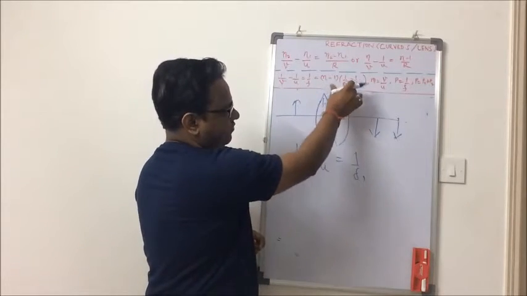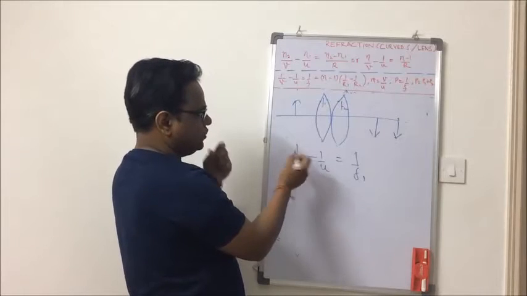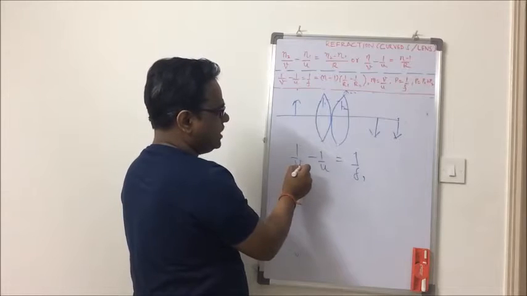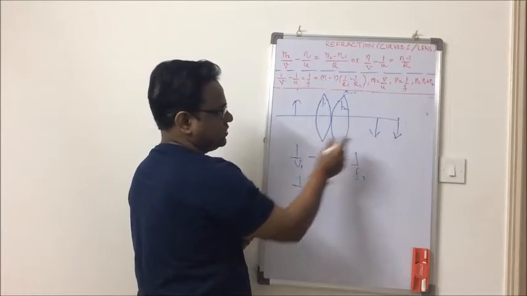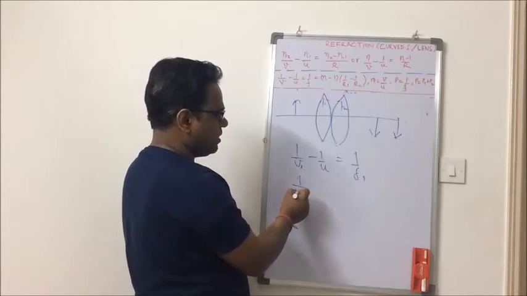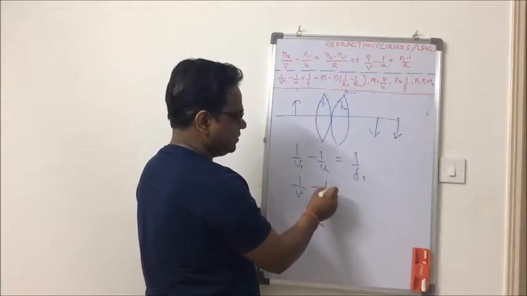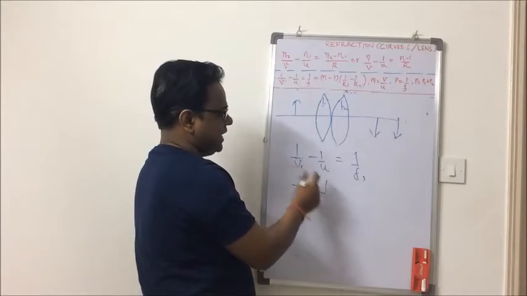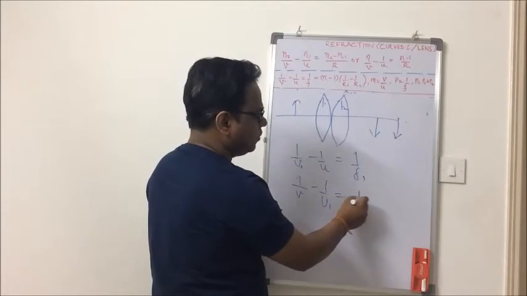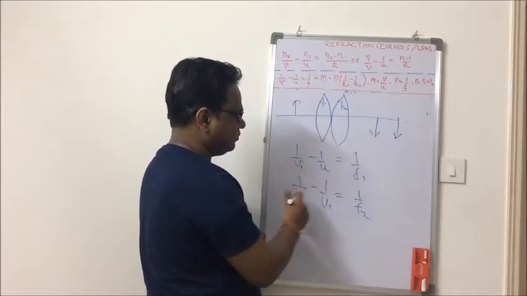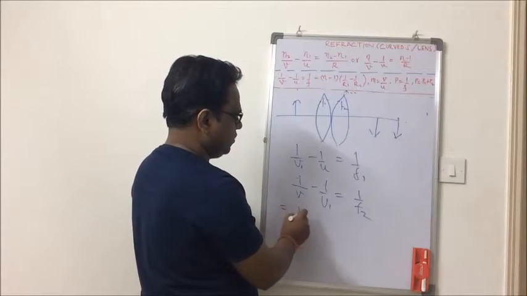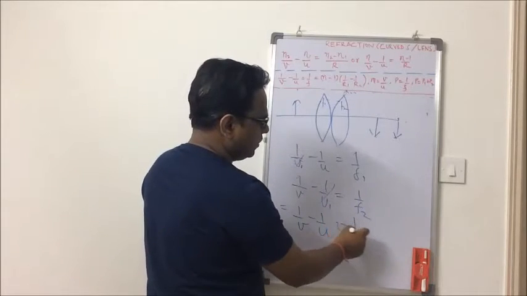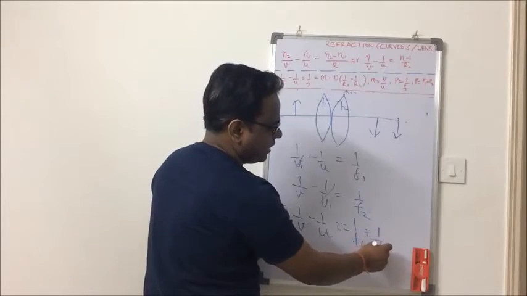So for the second refraction, the formula used would be 1 by V. This should actually be V', because this is not the final V. So 1 by V minus, now for the second lens, U would be nothing but V', so we say 1 by V' equal to 1 by F2. If you sum these two, 1 by V minus 1 by U, these will be cancelled, equal to 1 by F1 plus 1 by F2.